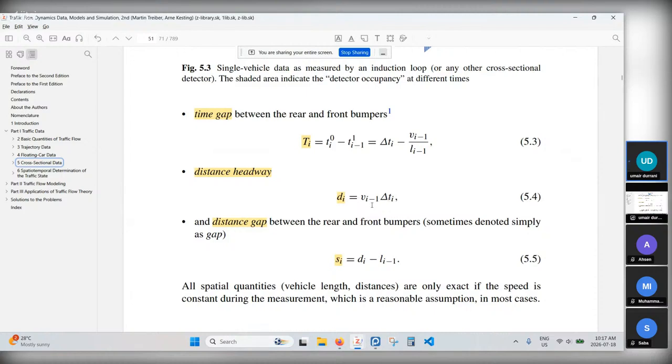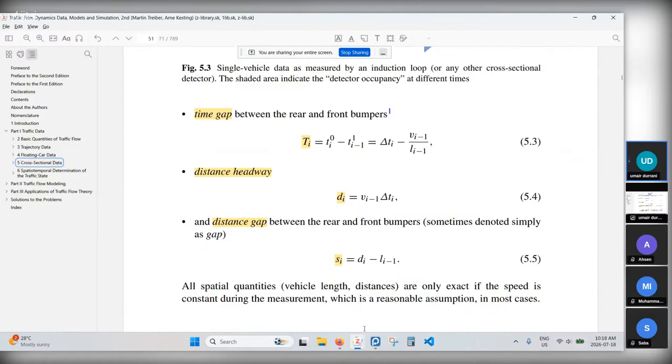And for that, we also need the speed of lead vehicle. We know all speeds are given to us. They are the same for both lanes. Individual lanes have individual speeds, but by lane they are the same. And distance headway is given to us as 60 meters. So all we need to do is just use equation 5.4 to estimate that.